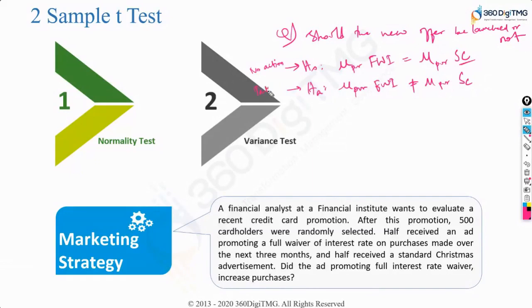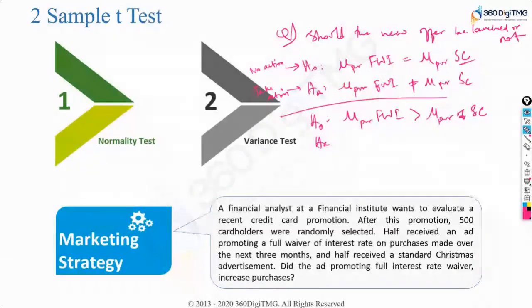Just like the Mann-Whitney test and the mileage cases that we have seen, here also we do case 2. In case 2, the null hypothesis says the average purchases of the full interest rate waiver offer is greater than the average purchases of customers using the standard Christmas offer. Oh, sorry, my bad, it should be less than.